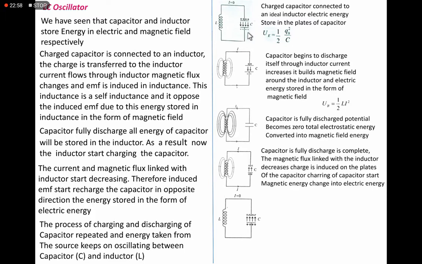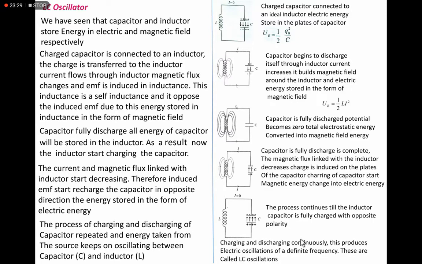Go through the first diagram and the last diagram. Here there are positive charges on this plate and negative charges here. So the capacitor is charged in the opposite direction, meaning the polarity on the plates of the capacitor has changed. From this we can conclude that the charges move in the opposite direction. So this is about the oscillation of the charges across the inductance and the capacitance. Very simple article, important article.